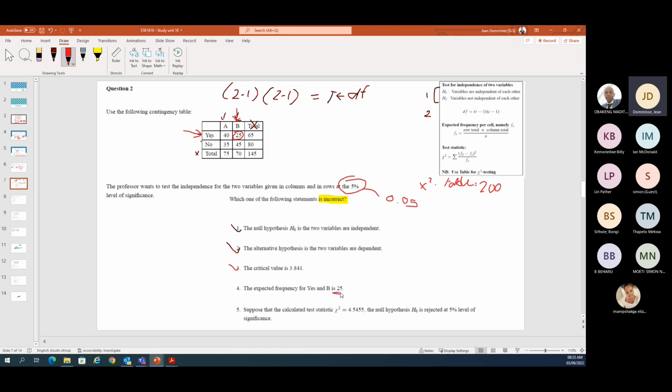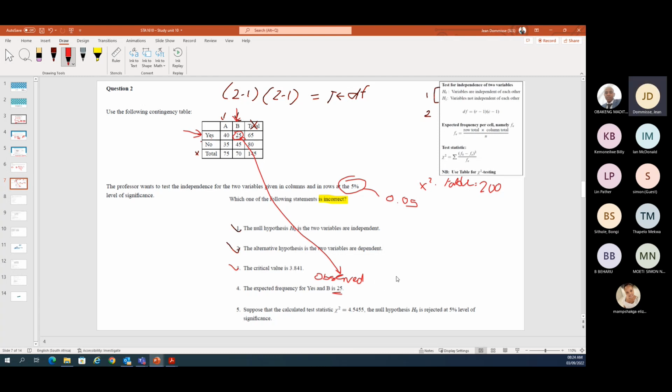Okay, 25 is the observed frequency, not the expected. But we still need to work out the expected, because the expected can also be 25. By fluke, it can be the same. So let's just make sure. But that 25, we call the observed value. But let's work it out.